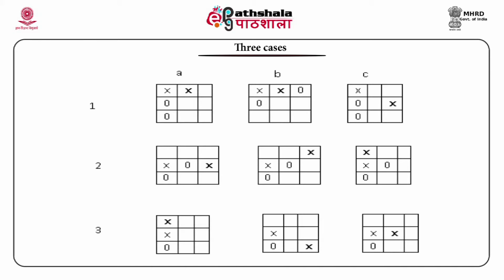C is comparatively better than B, because when we are playing B, one part is already full, the other part is not. Case number 2 and 3 also indicate the player's movement. In case number 2, if we play at A, the X will be useless. You're doing nothing, you won't achieve anything out of it.